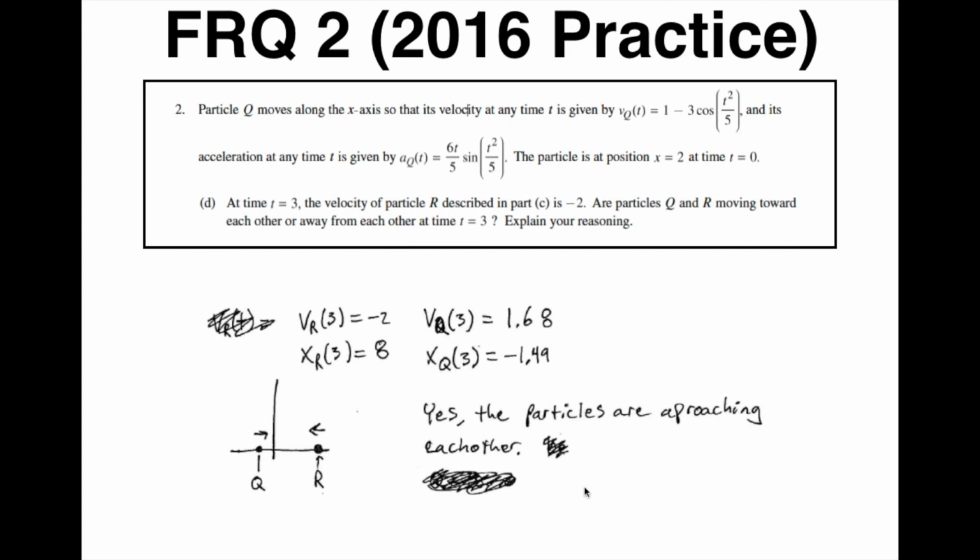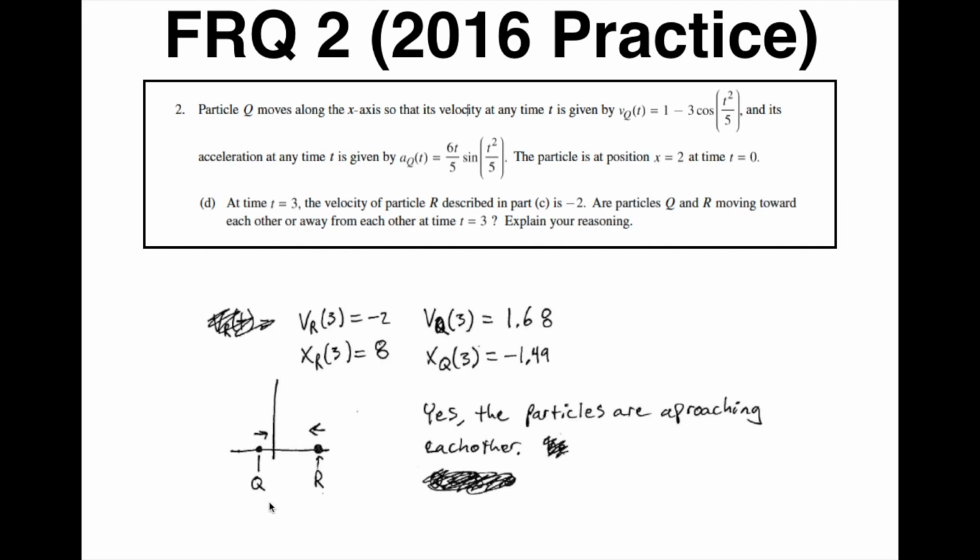Student A wrote all the information here in this like 2x2 matrix. The velocity of particle r is negative 2 and its position is 8. The velocity of particle q is 1.68 and its position is negative 1.49. Now the student put all that information on a little sketch.